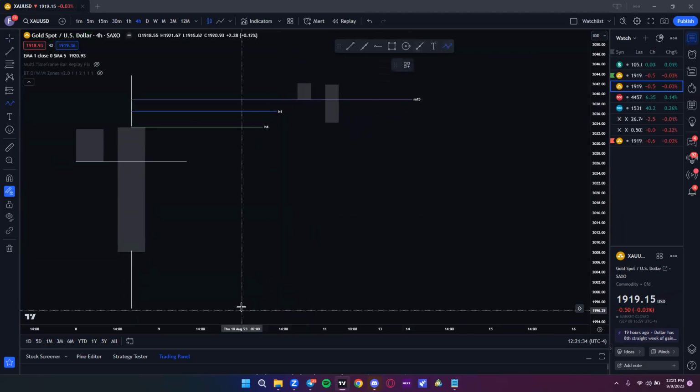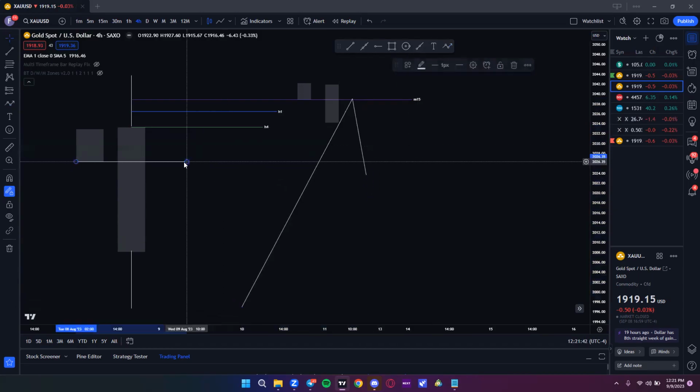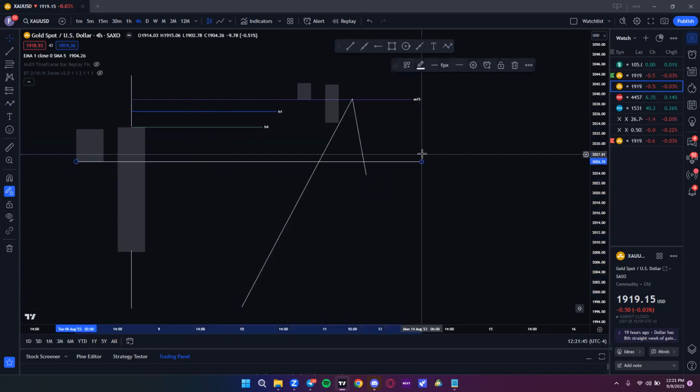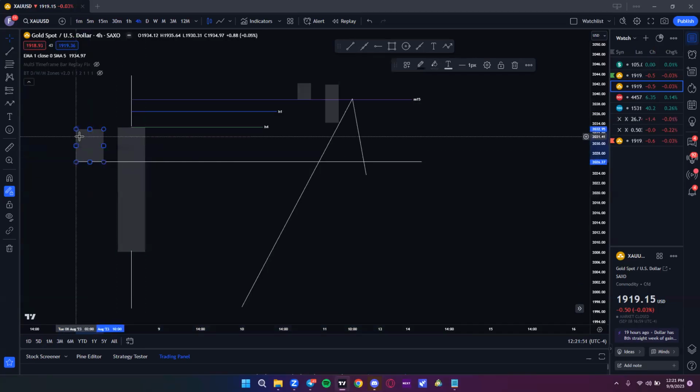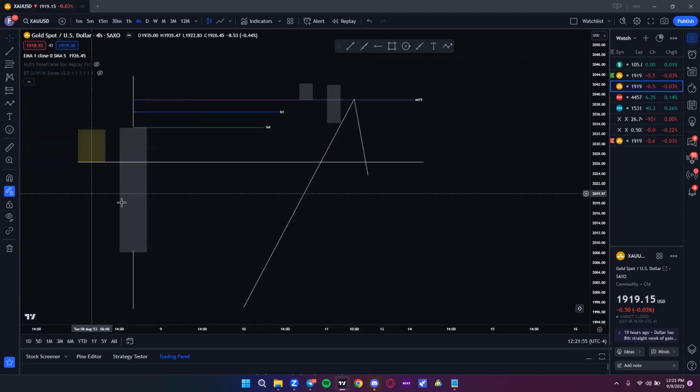Price now is coming up into your level, and it goes like this. So eventually we want to see, obviously, the daily level, this is our daily decision level being rejected.